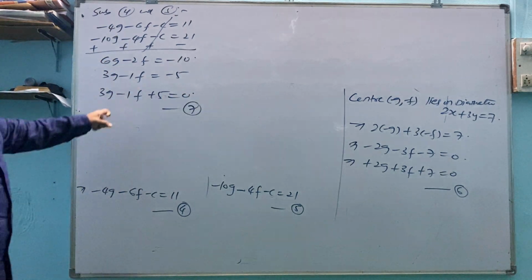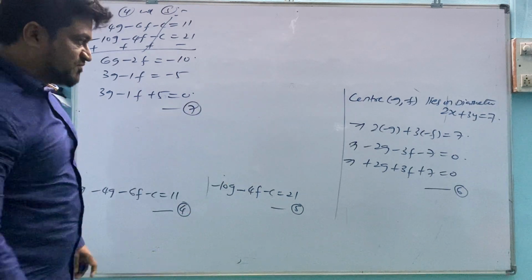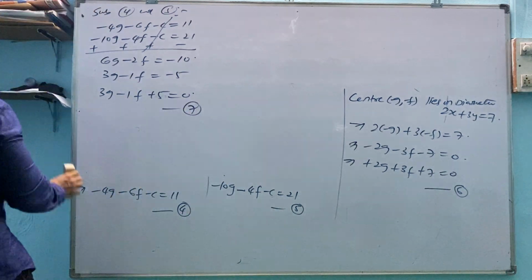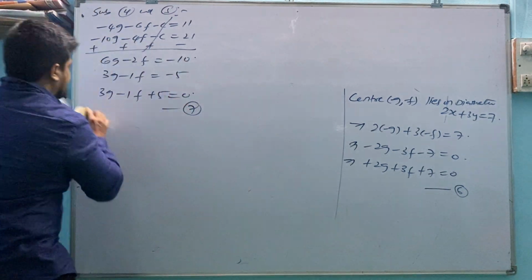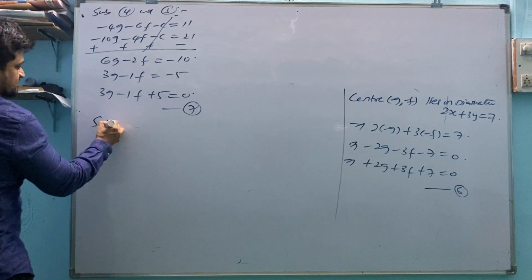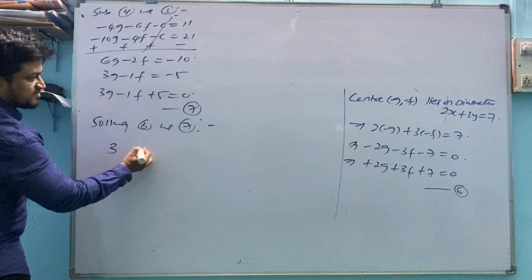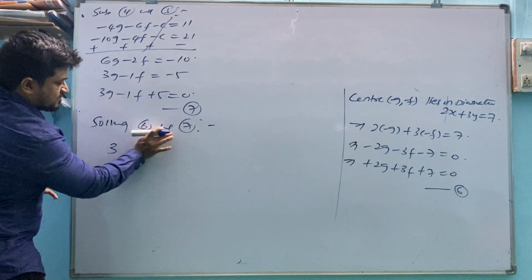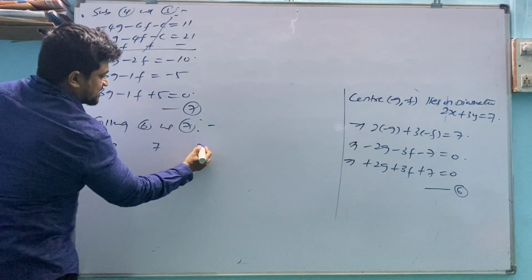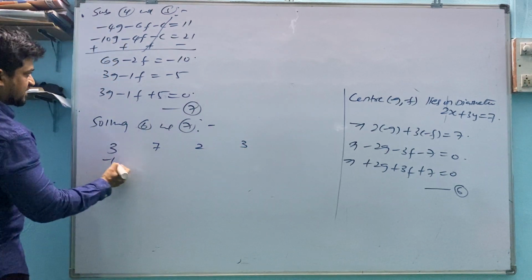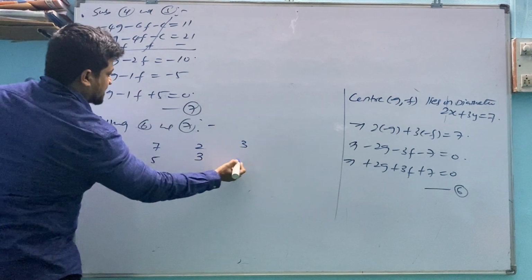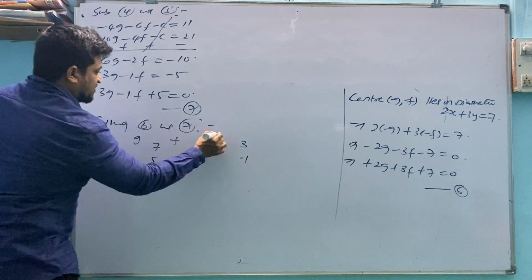So we have equation 7 and equation 6 without any c variable. So we have to solve them. Solving 6th and 7th, by cross multiplication: second term, third term, first term and second term.